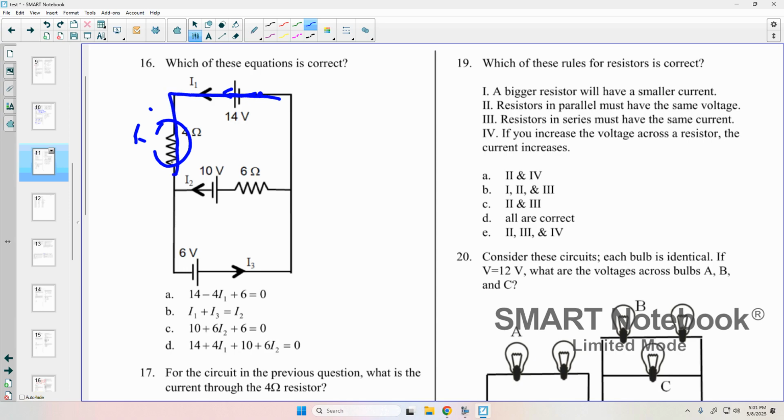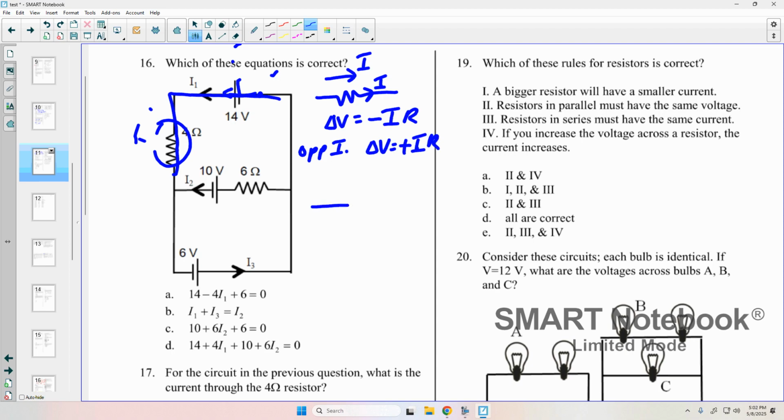Do y'all remember the rules? No? Okay, so if I'm going through a resistor, if I'm going with the current, the change in potential is equal to minus IR. If the current's in this direction, I'm going with the current. If I'm going opposite the current, then it's the opposite: delta V is equal to plus IR.